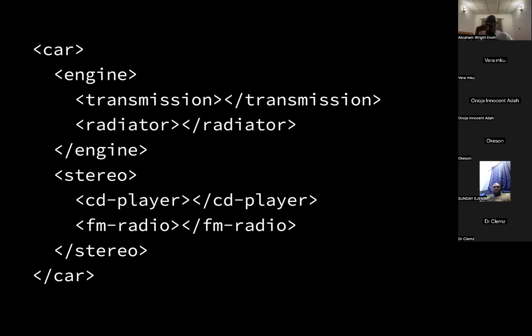No, we are trying to use a real example to explain how it looks. And then we bring another thing into the car section by telling you that the stereo is not in the engine, but is in the car. And we itemize some of the things that are in the stereo section, which is not even limited to these two.